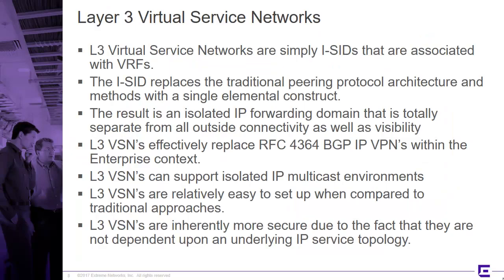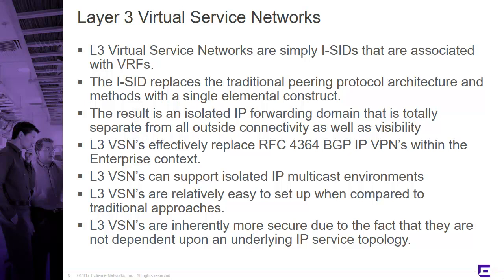Now we're going to start with layer 3 virtual service networks, which, as you will recall, are simply VRFs that are paired together with ISIDs. Now it might seem odd that we're going to start with this higher level protocol architecture first, but this is a native IP service, and it will show how, even though forwarding behavior is not happening over IP routing within the fabric itself, there is a very good and high degree of IP awareness as far as the points of presence are concerned.